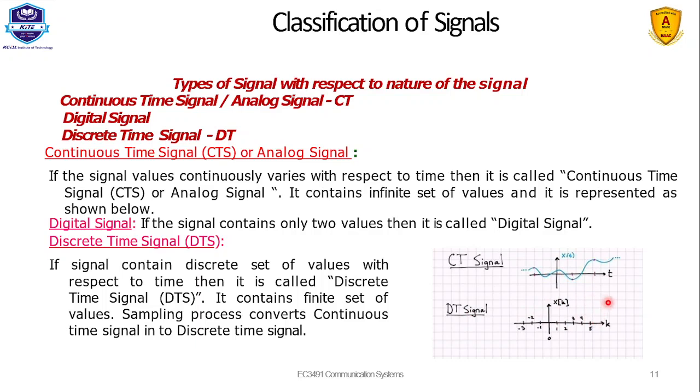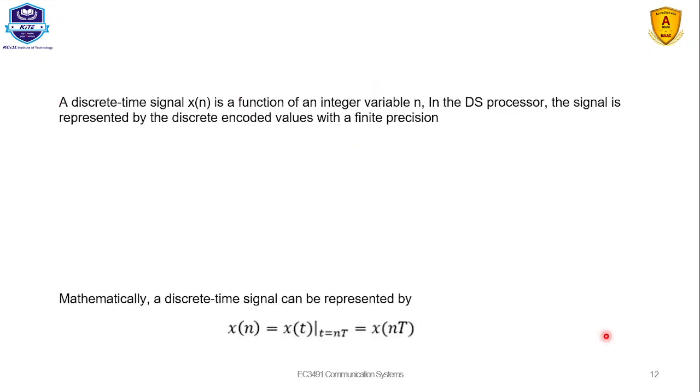So you need to lift the hand, and you will be representing the signal where the samples are present along the n axis. That is, instead of t we are representing it as n. Here they have shown it as k. So variables may differ but the meaning is the same.